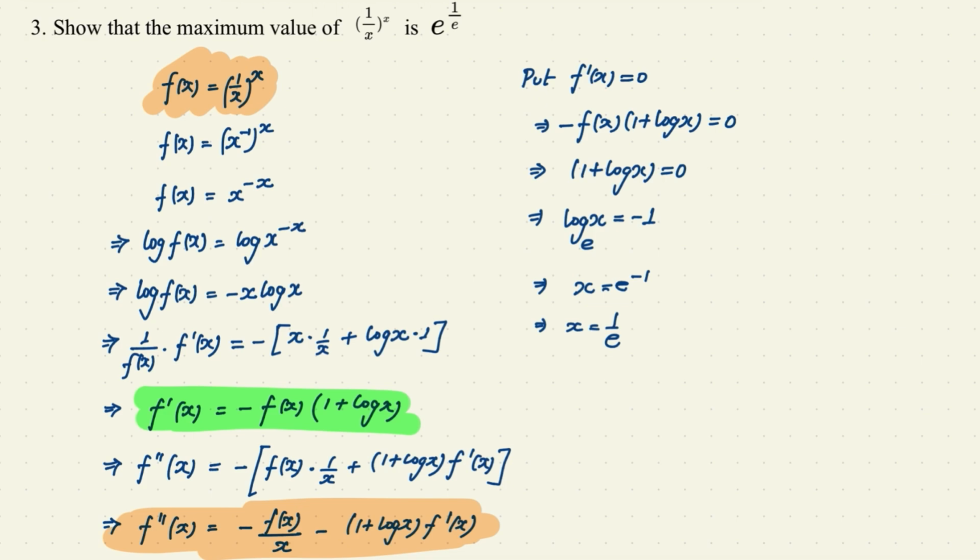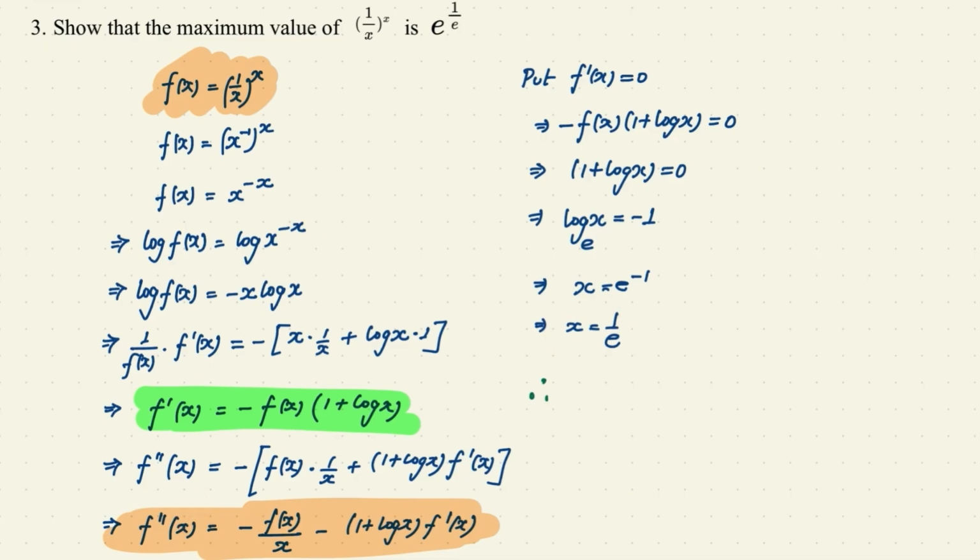Now we will put this x equals 1 by e in f double dash of x. So let us put this x equals 1 by e here, that is f double dash of 1 by e.